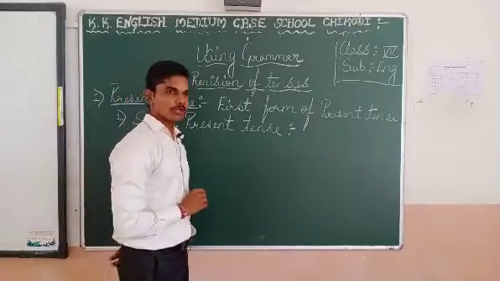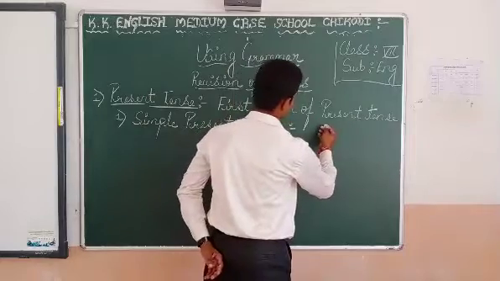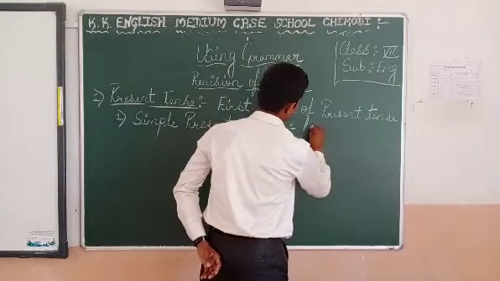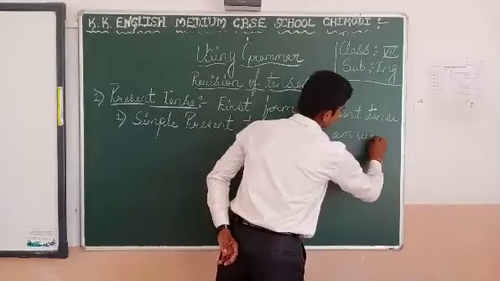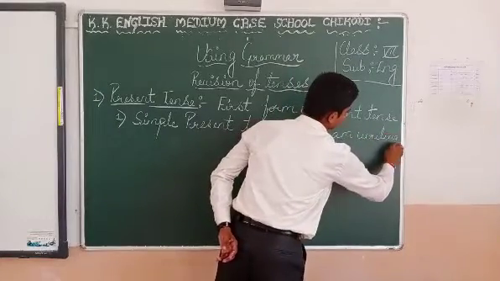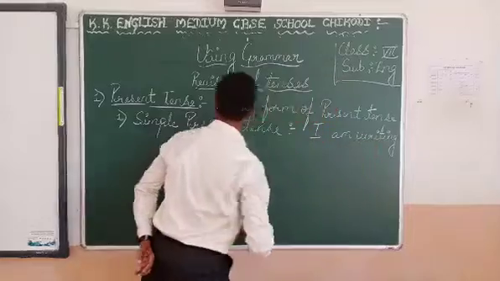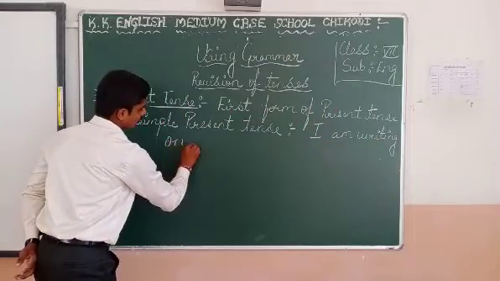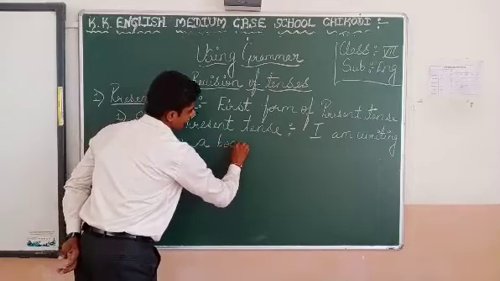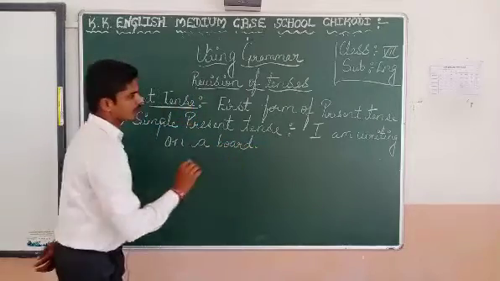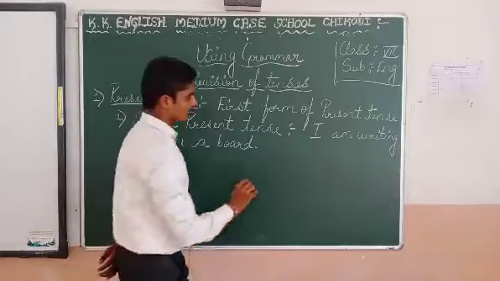I am writing on the board. What I am doing as your teacher, I am writing on a board. This is a simple sentence here. So here what I am doing?